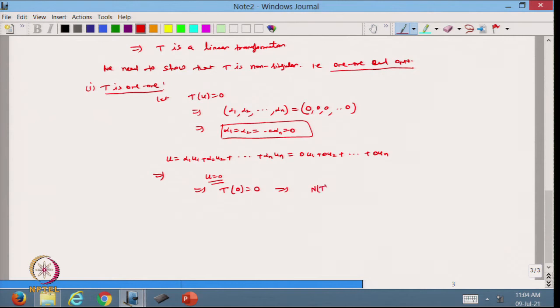So, from here I can say that the null space will contain only the 0 element, which implies that T is 1 1. This is what we can show. We earlier also did these things. So, if we are able to show that the null space contains only the 0 element, then this is 1 1.